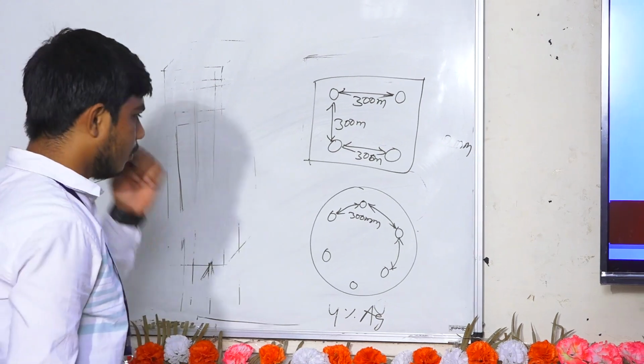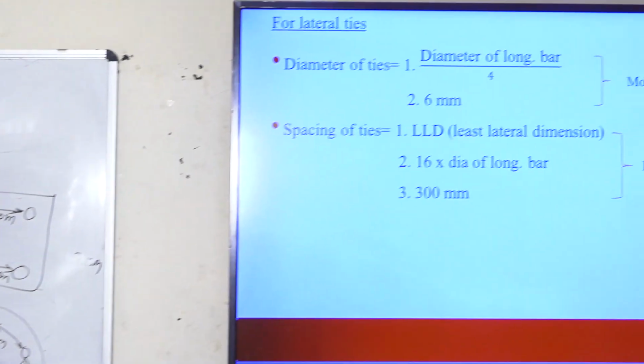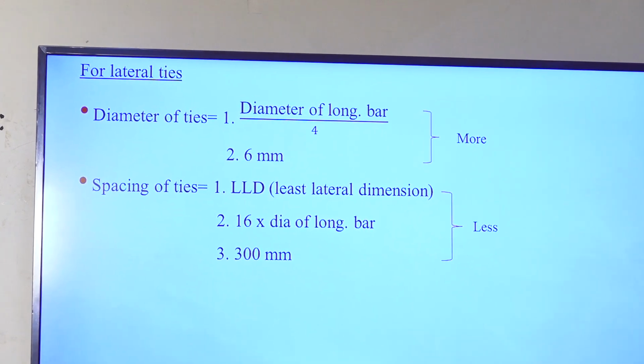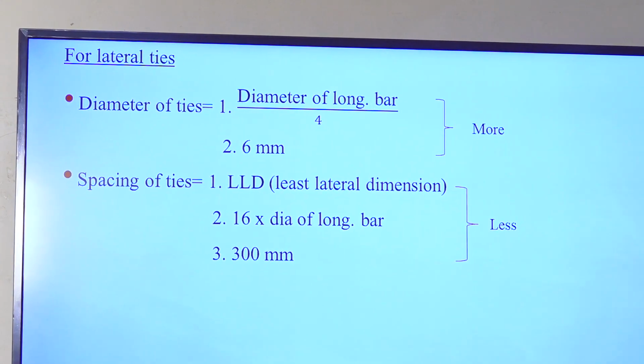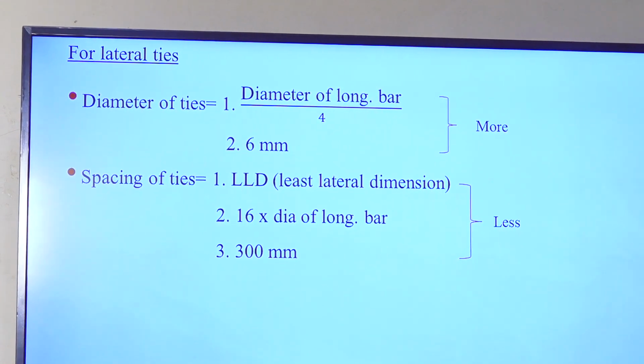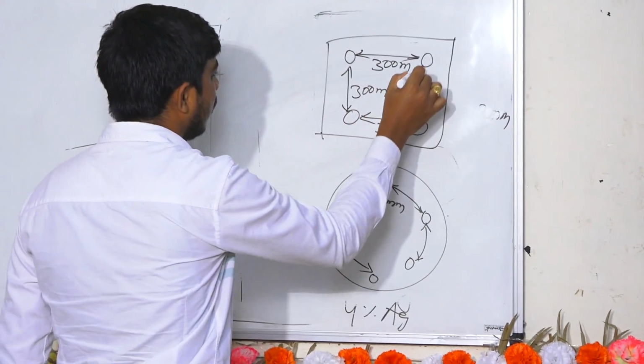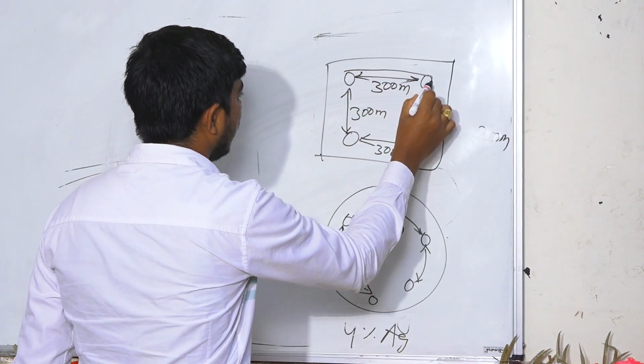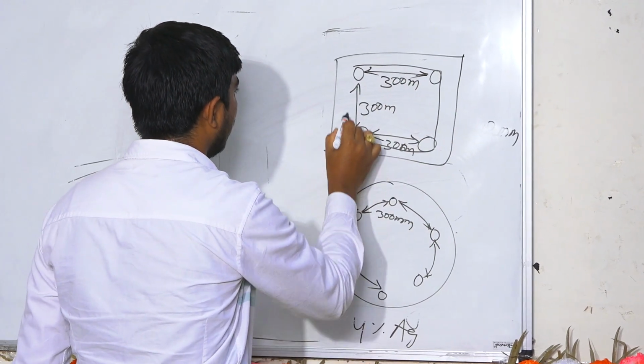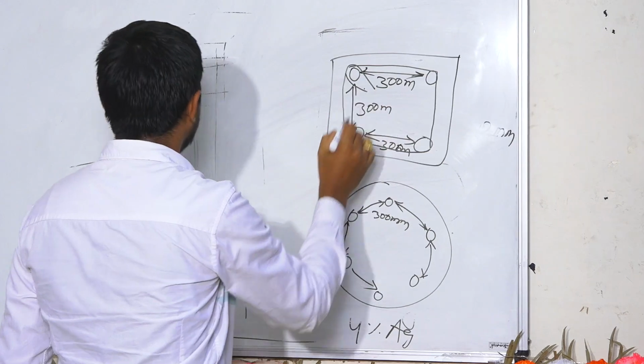Now we don't have only longitudinal reinforcement, we also have lateral reinforcement or lateral ties. What is lateral ties? I already showed you. If these are the longitudinal reinforcement, we also have transverse reinforcement or lateral ties.